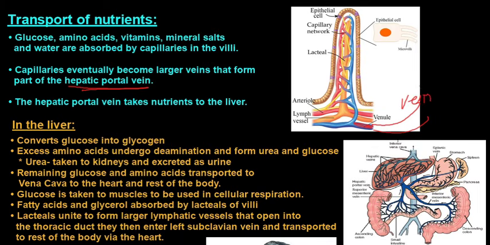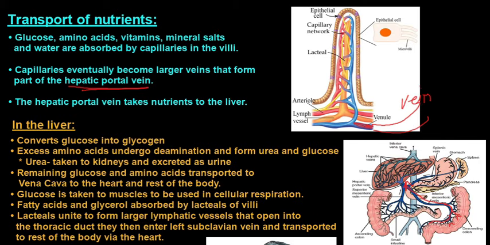Become part of the vein, and that vein, so if you look at the right bottom of your screen, you'll see you've got the intestine here, then you've got these little portions, little branches. Those are the venules, and they all come together and they form a larger vein, and then this vein goes to the liver.